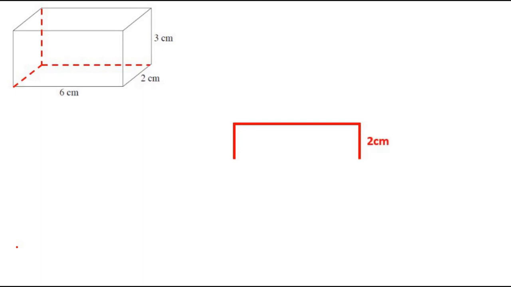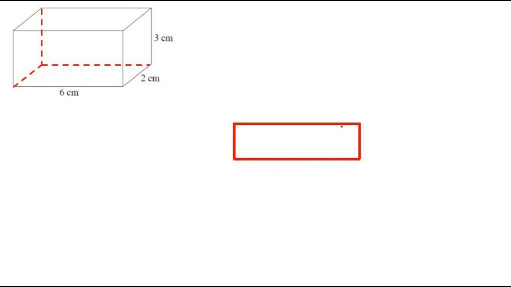Now when you draw in this line across here, it's still a good idea to measure it to make sure it is 6 centimeters, to make sure you've drawn these lines straight, and more importantly, make sure this one is accurate as well. So that's the base.